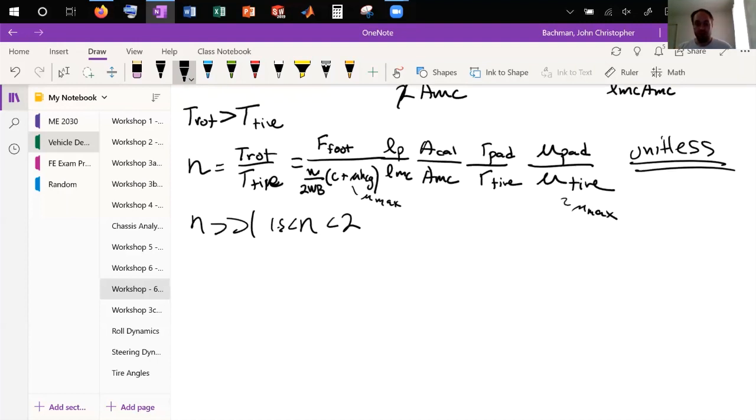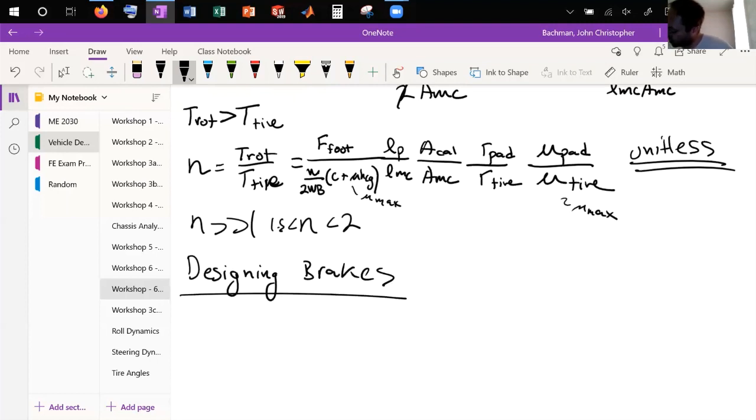Okay, so let's talk a little bit about designing the brakes. So that's the first thing, right? But all of these values could really be anything to start.